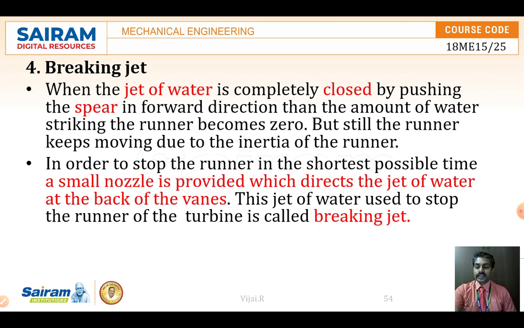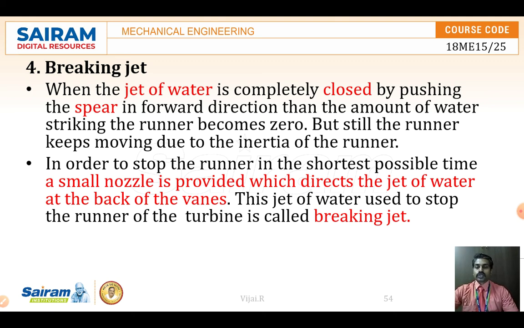And the braking jet. Normally, if your demand is less and I want to stop the turbine, we can use the spear to shut off the water. But since water has already hit the turbine blades, the blades are still continuously rotating. If you want to stop it immediately, you have to apply some water at the backside of the vanes.